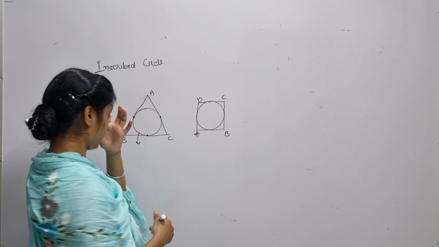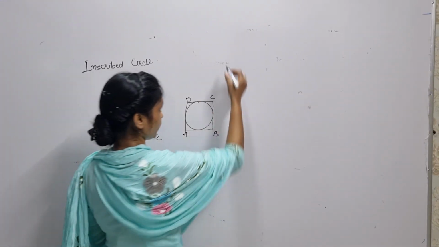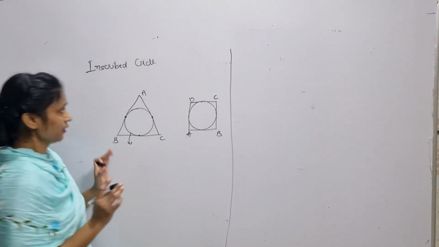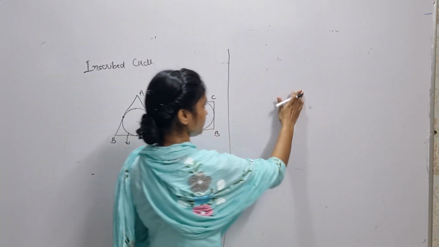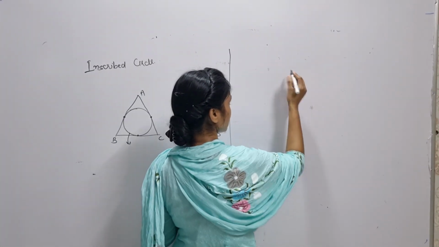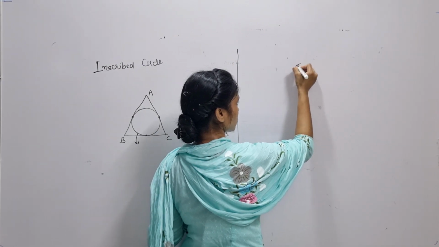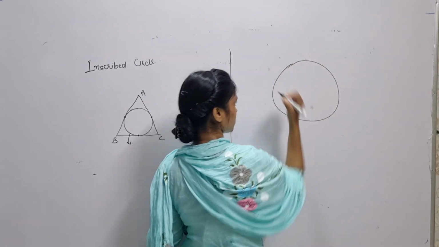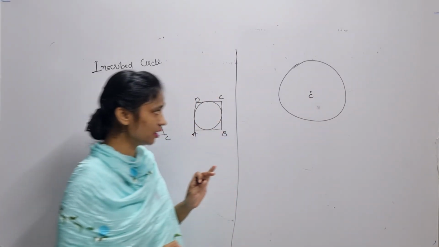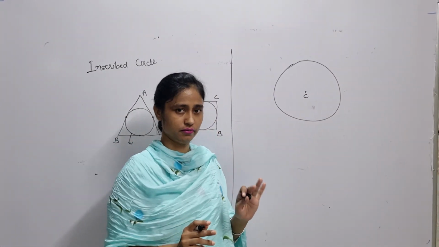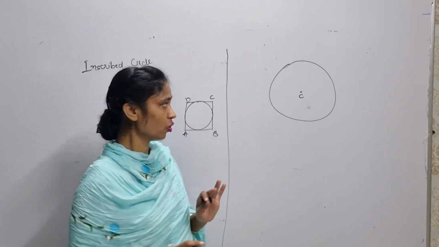See the next results. We will discuss some results related to the circle. Suppose this is a circle and this is the center O of the circle. The definition of chord we have already discussed.